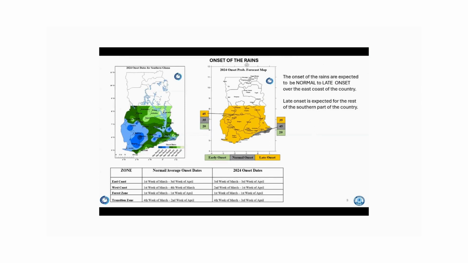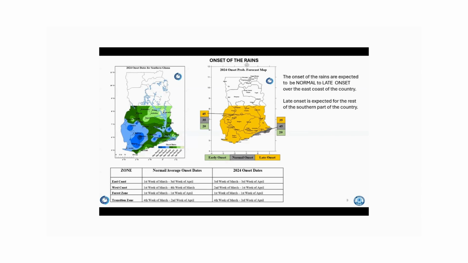So with the onset of the rains, after running our models, on the right-hand side we saw the probabilities. You can see that the yellow is from the middle of the country, the 8 degrees north and below. That's where the major season would occur for the south. We have a yellow part and a gray part.